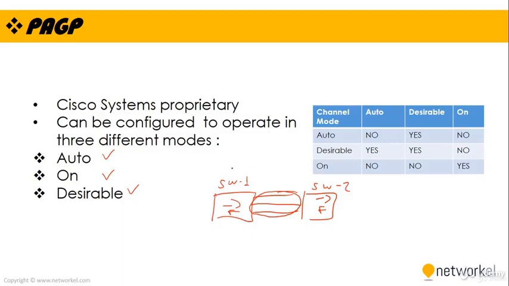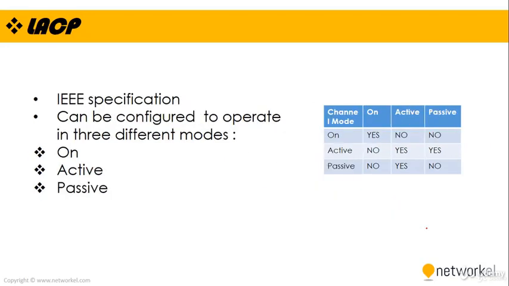If I'm using the channel mode auto on switch 1 to create an EtherChannel, I need to choose desirable for switch 2, because if I'm using auto, I cannot use auto and on. If I'm using, for example, desirable on this side, I should use auto or desirable on switch 2 to create an EtherChannel by using PAgP.